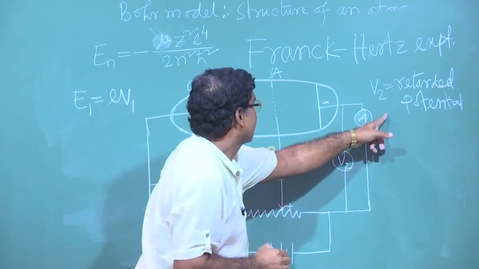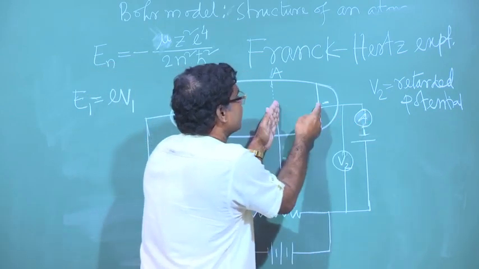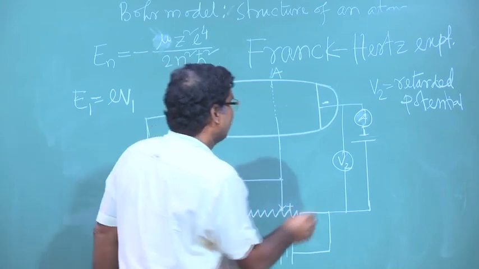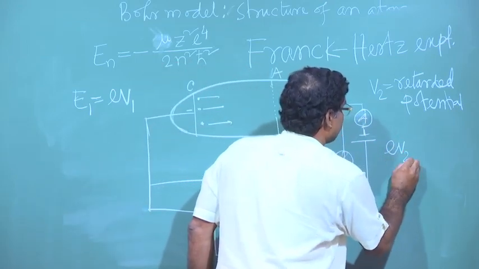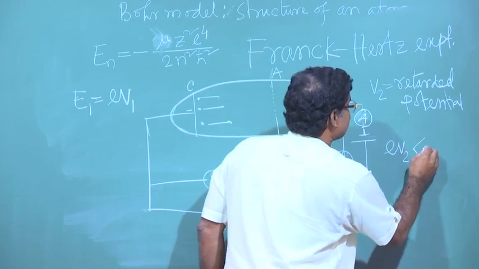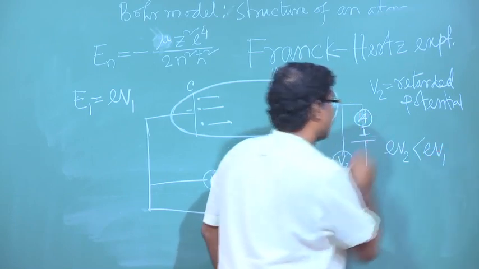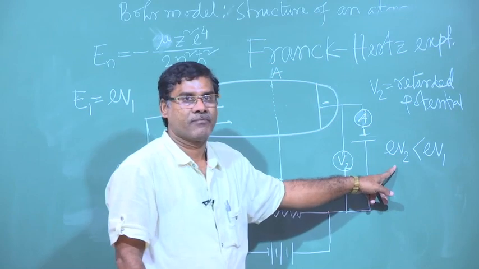So, what will happen? This electron will reach here if EV2 is less than EV1. This is the retarded potential.